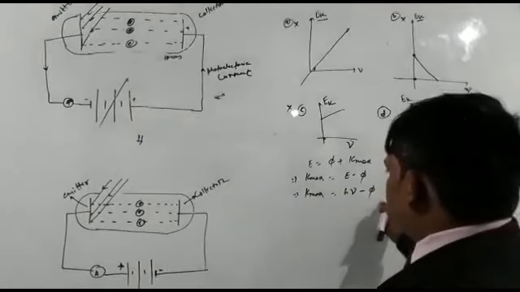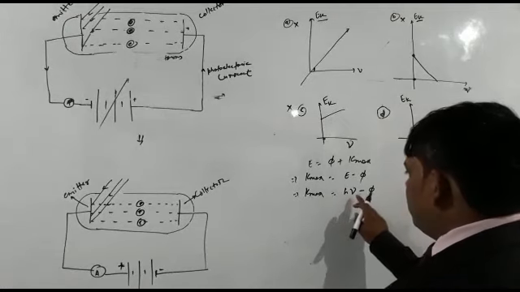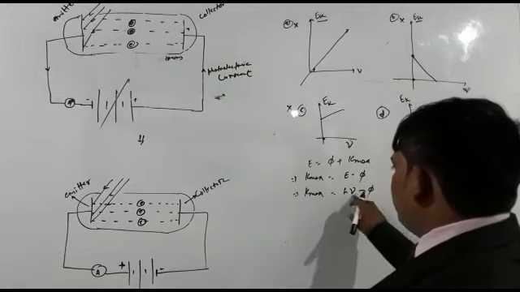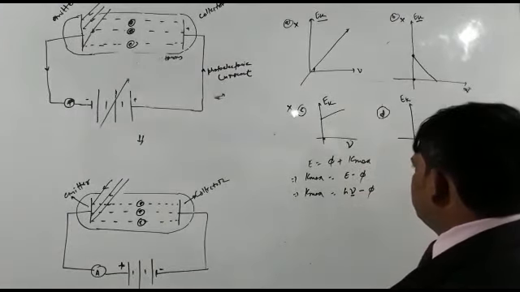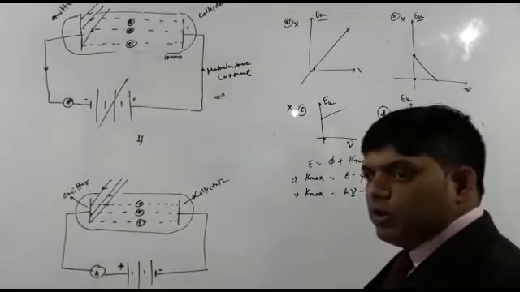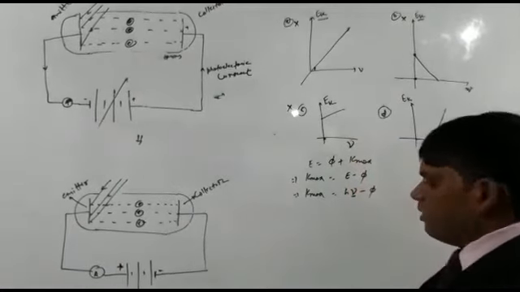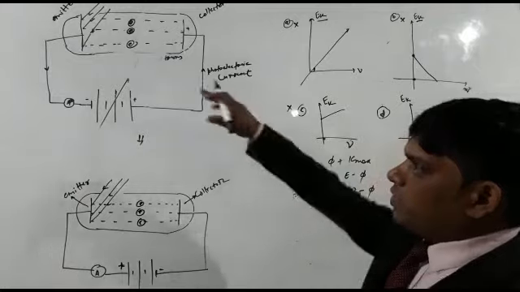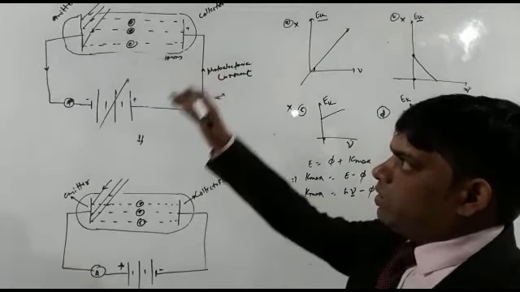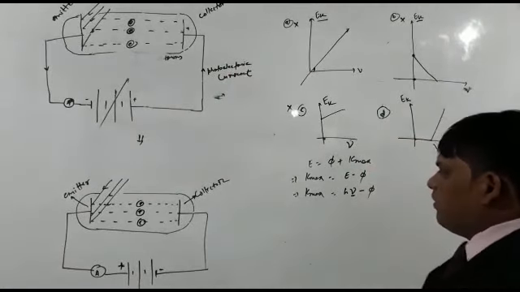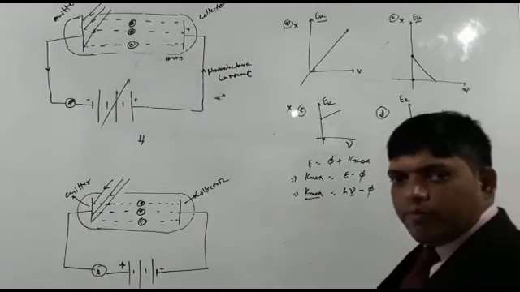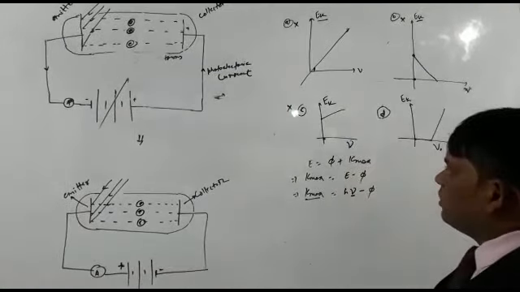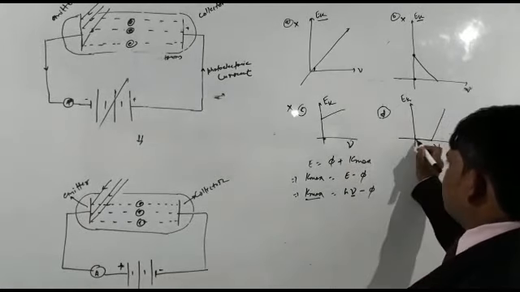From this equation, if the frequency of the radiation falling on the emitter is smaller than the threshold frequency, then electrons will not be able to eject out from the emitter, and hence there will be no value of maximum kinetic energy, which is represented by this section of the graph.